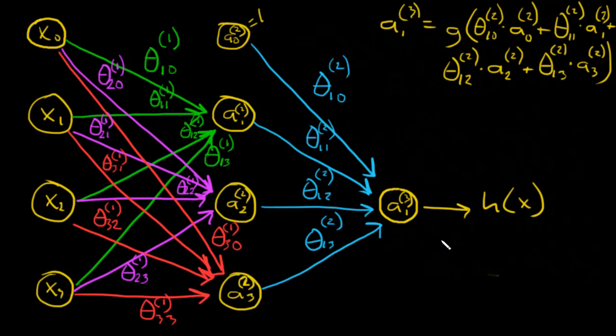And I want to make one last addition to this, because notice that over here for our input layer, we've had x0, x1, x2, x3. We can represent that instead as just activation of layer 1.